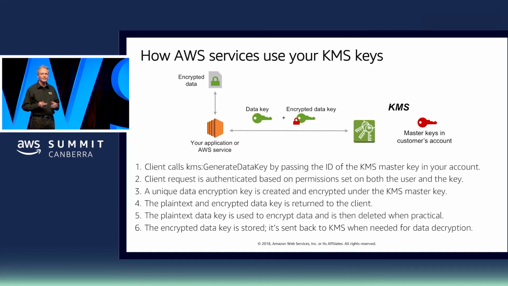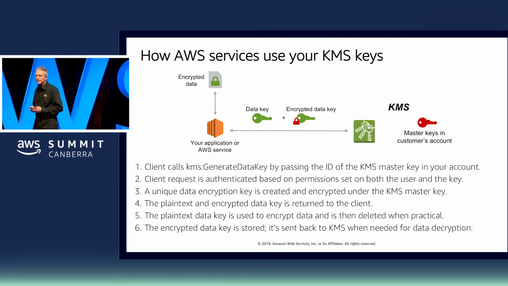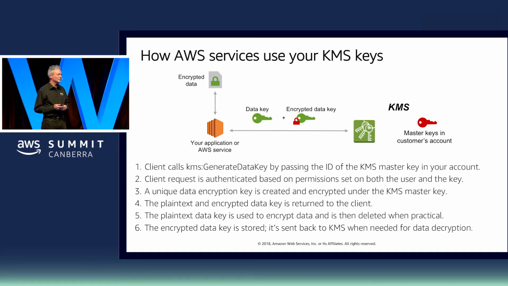Assuming that's the case, that will succeed, and KMS will then use your customer master key. It'll generate a data key, encrypt it with that master key, and return to the service the data key in two forms, one in plain text form and the other encrypted with the customer master key. Importantly, the customer master key never leaves the KMS service; it's staying in that hardware security module.